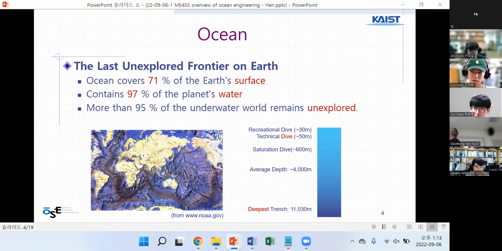The ocean is an unexplored frontier on Earth. Surface area 70%, water 97%, unexplored underwater area 95%. The deepest trench is 11,000 meters.